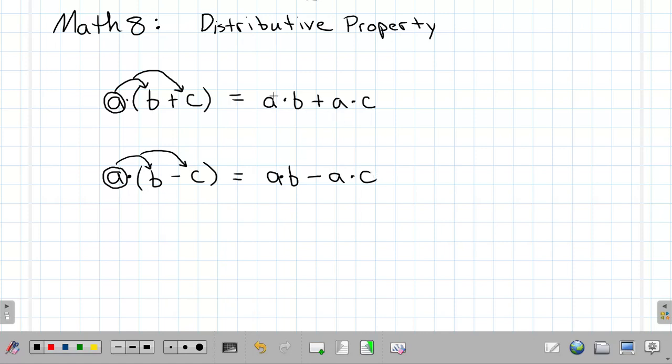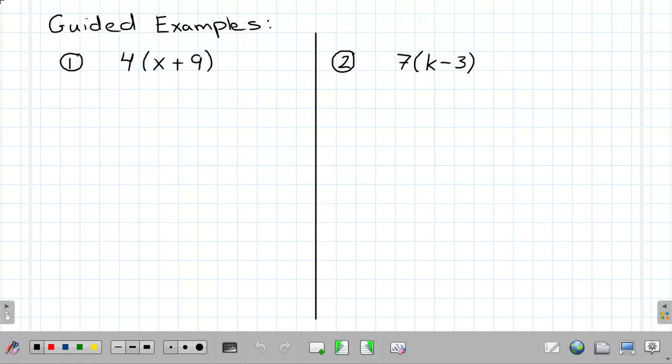Now, a lot of people will be confused here, maybe by looking at this with just a bunch of variables, okay? So let's look at some actual examples where we combine numbers and variables so you can see it in action with some numbers, okay? So the first four here are going to be guided examples, so I'm going to work them through with you. You'll write them down on your paper or on the computer screen, however you're doing this.